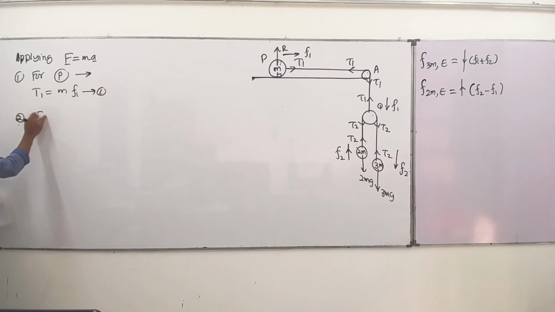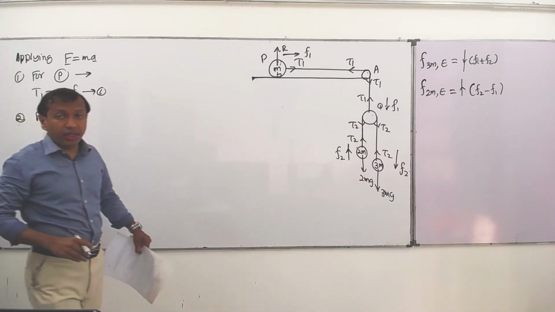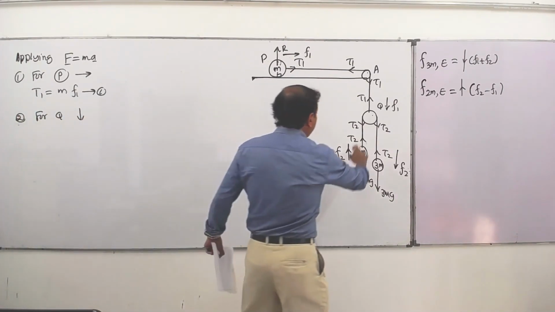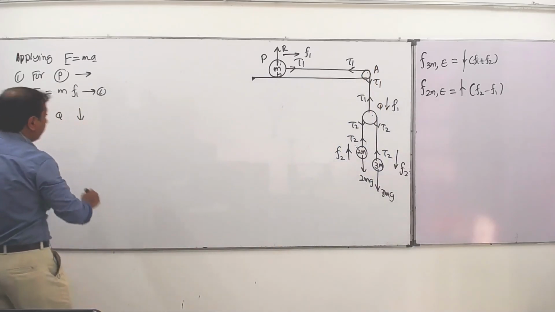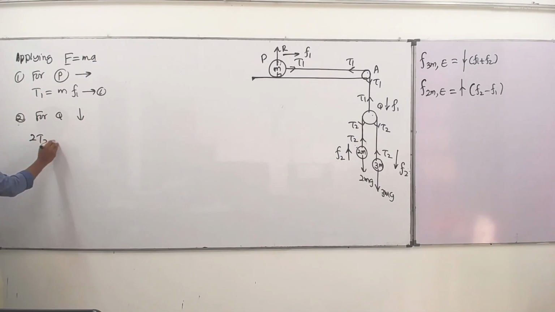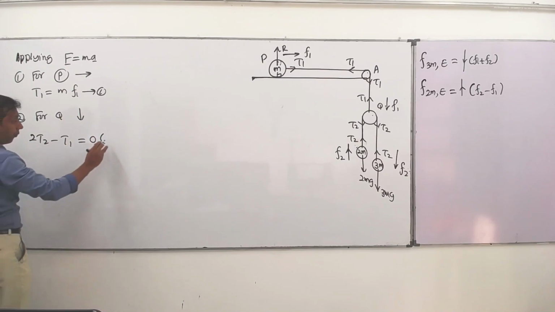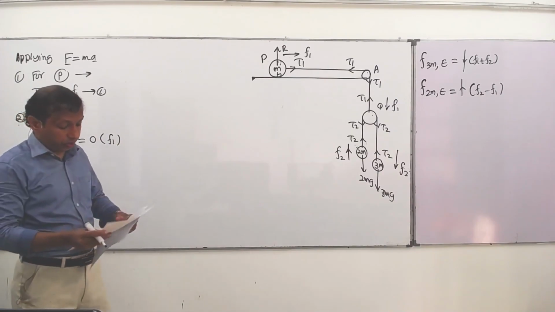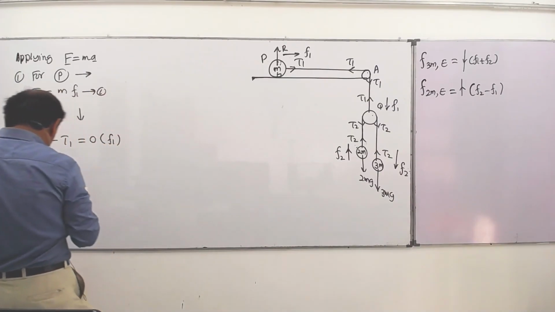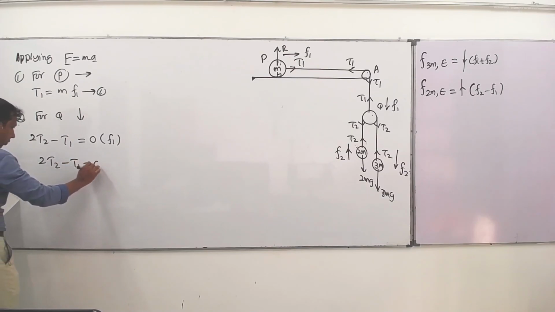Number 2, for Q we apply downward. We are given Q as a light pulley. So 2T2 downward minus T1 equals mass of Q, which is 0, since it is a light pulley. Then we get 2T2 minus T1 equals 0. Number 2.